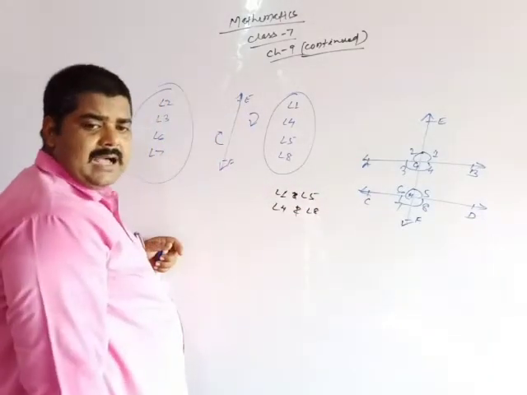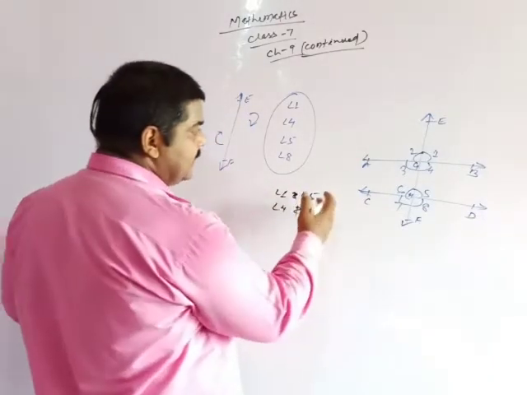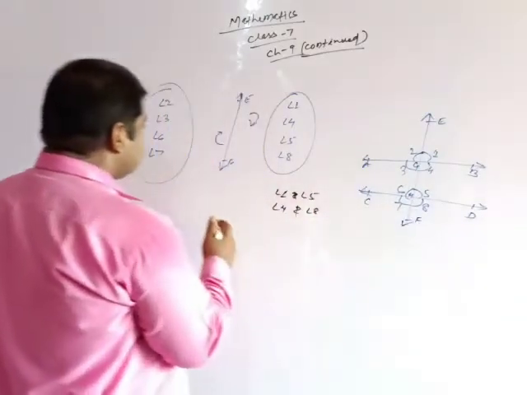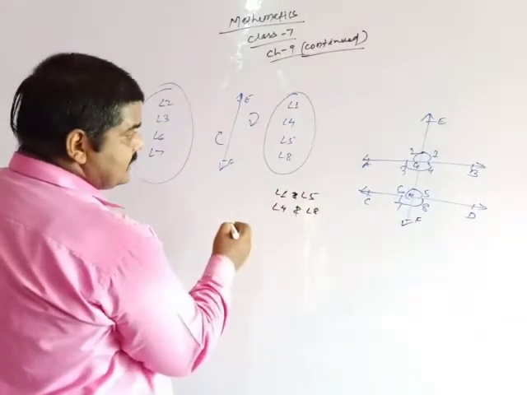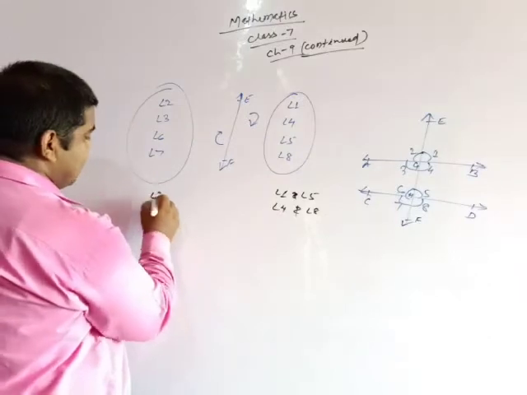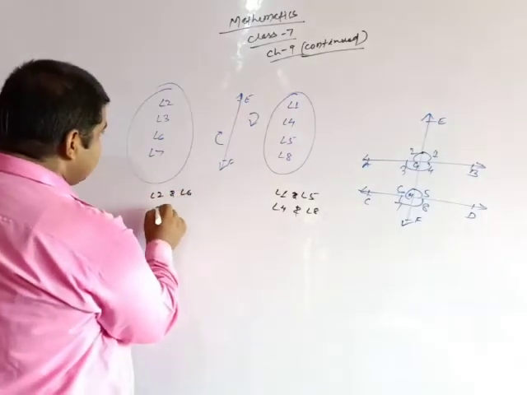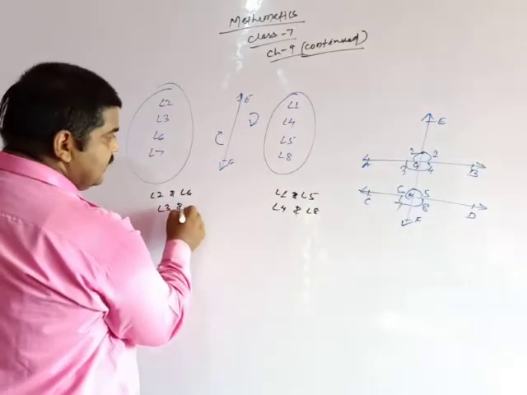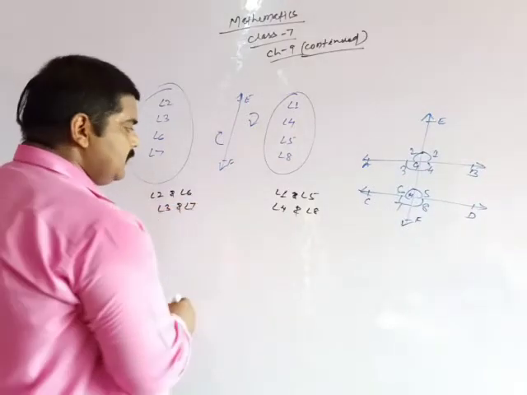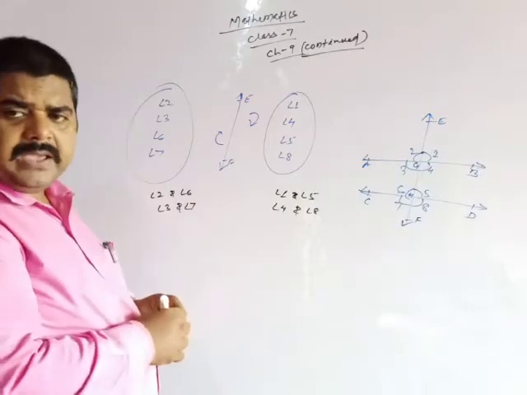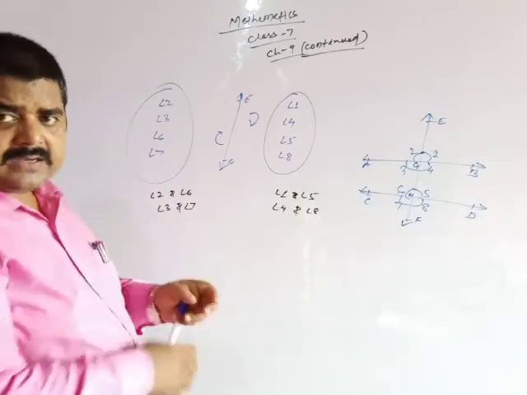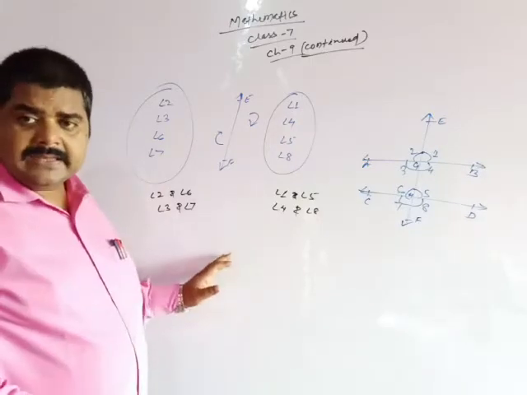These two are pairs of corresponding angles on one side of the transversal, and on the other side, angle 2 and angle 6, and the second is angle 3 and angle 7. This is another pair. So these 4 pairs are corresponding angles.